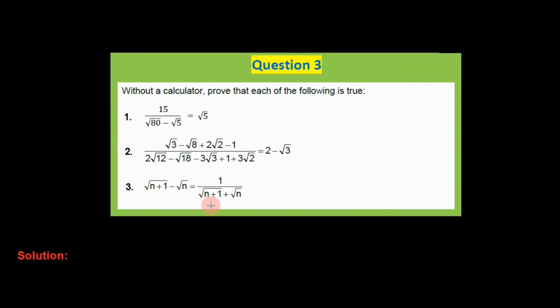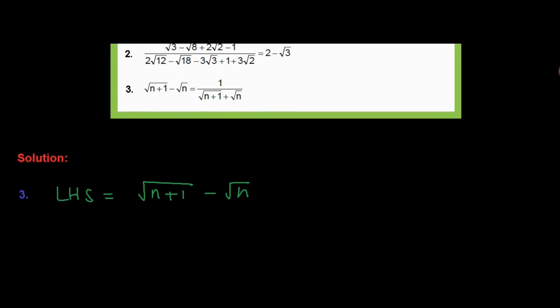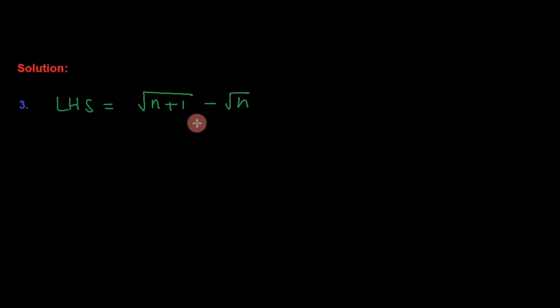Coming to the last identity here, once again, we start with the left-hand side. In this case, we don't have an algebraic fraction, so we can't rationalize the denominator. Now, what you may be surprised to know is that we can also rationalize the numerator, which is what we're going to do now. We're first going to write the left-hand side as a fraction, as over 1.